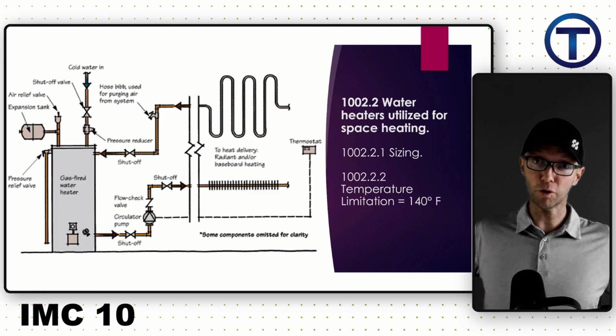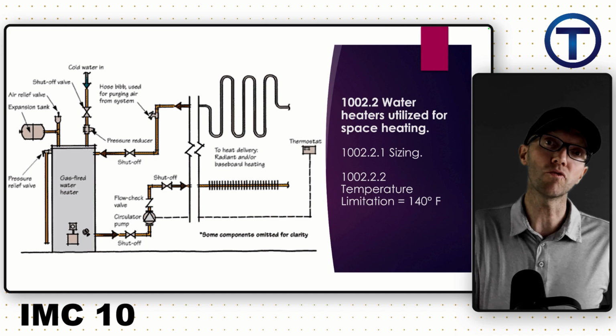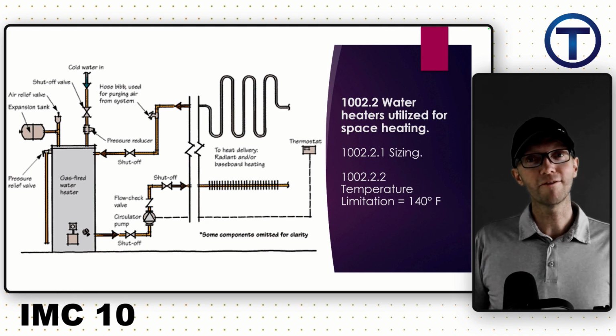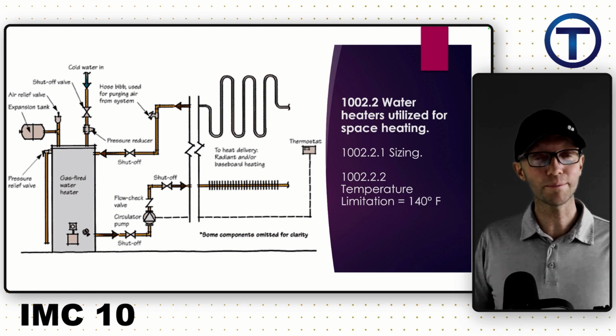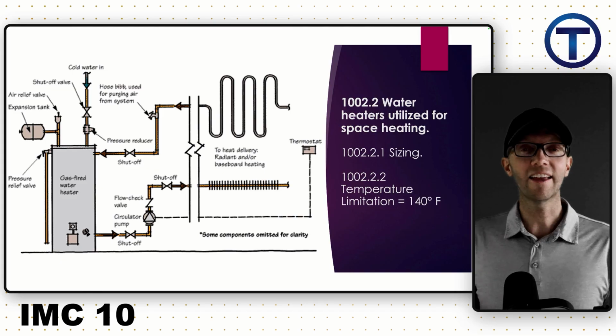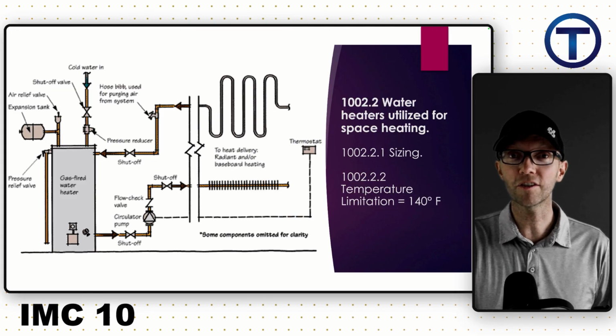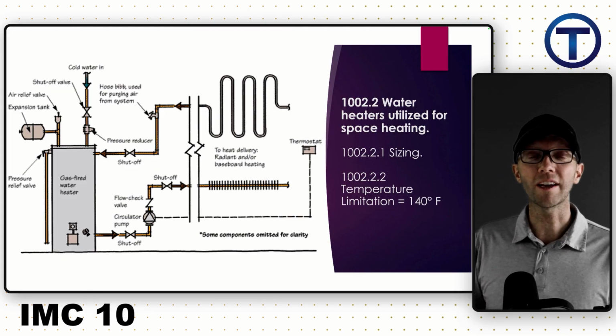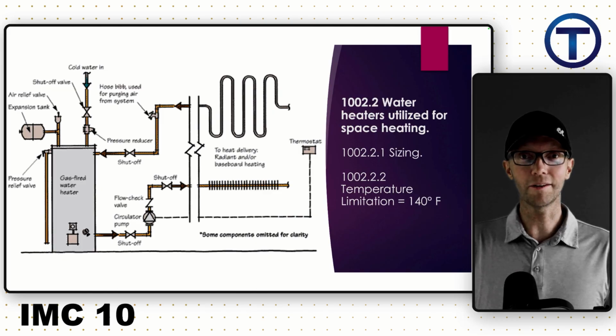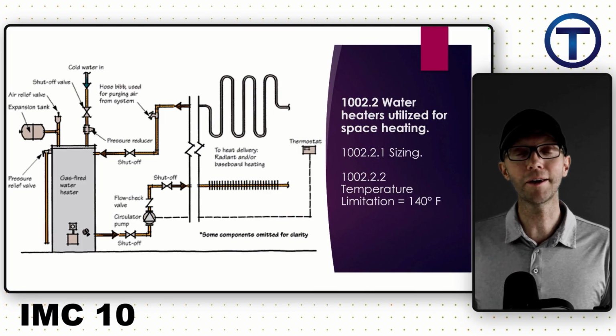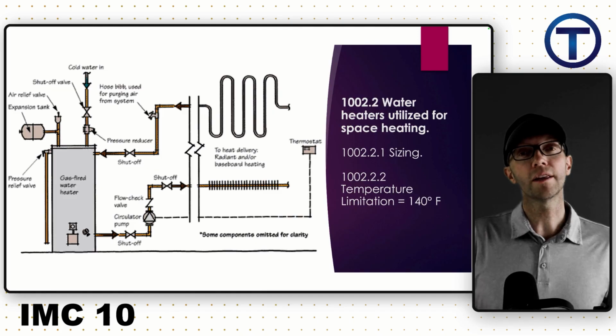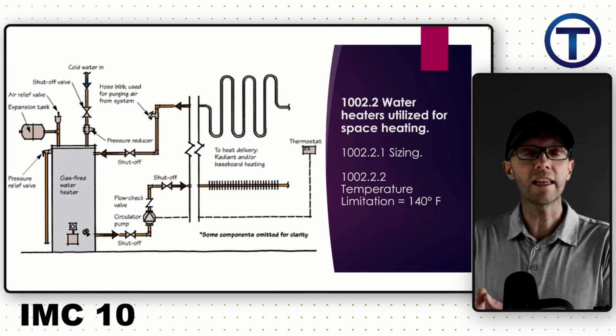You need to be able to crank out those BTUs, because here's what you don't want. Throw in a 40,000 BTU standard tank in a space heating situation, and then you don't have enough hot water for your fixtures, or you don't have enough hot water to heat the space. Then you're in trouble. Who's going to want that? Then you're going to be eating a water heater.